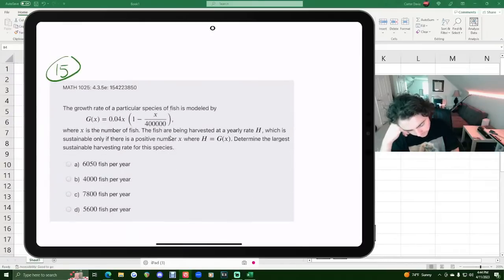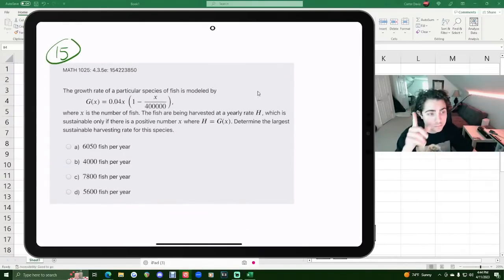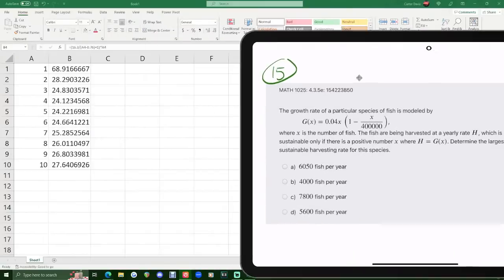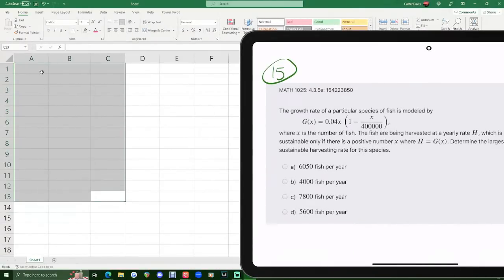This is number 15. Now the x values are a lot trickier for this one. So they give us the growth rate of a particular species of fish is modeled by this. X is the number of fish, and they say determine the largest rate for this species, meaning find the maximum of this function. So the number of fish will be extremely large in this case. We want to deal with not like 10, 20, 30, 40. We want to deal with thousands.